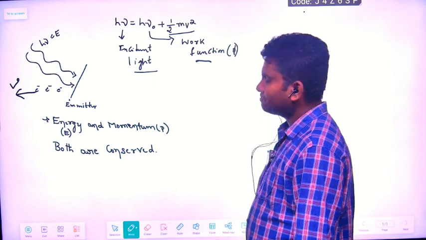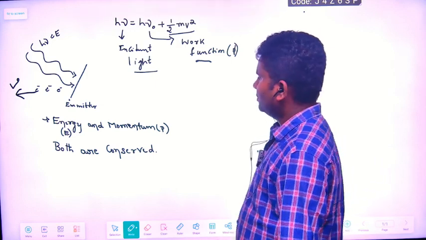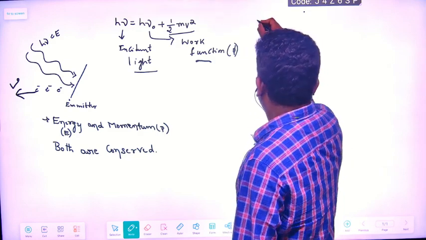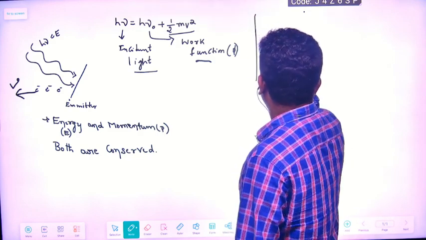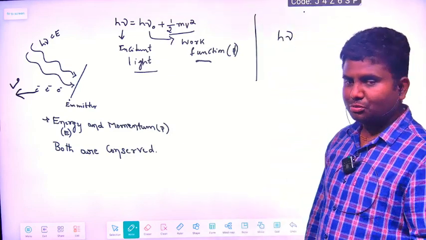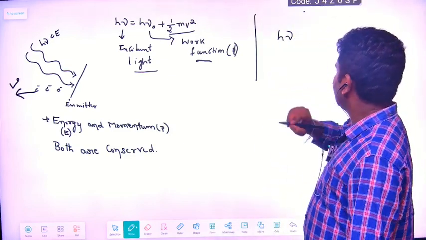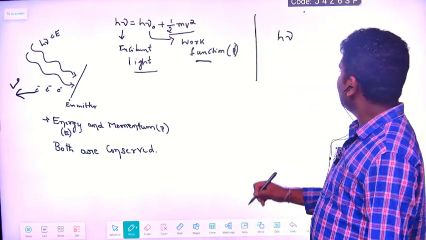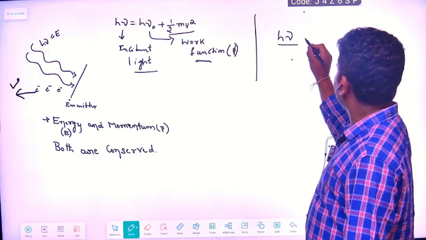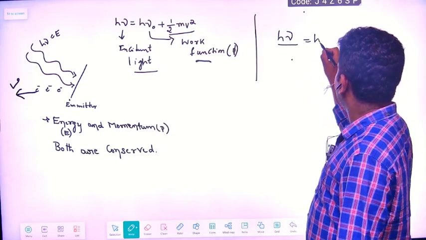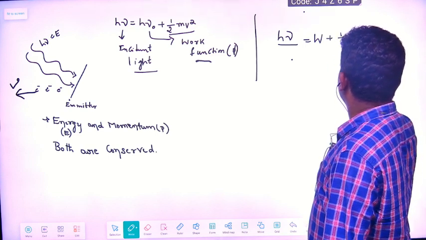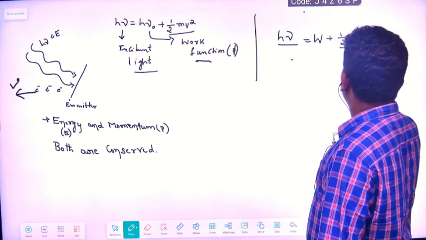Understood? So Einstein says this energy h mu is the incident energy, and h mu naught, that means work function, plus half mv square, is the kinetic energy.